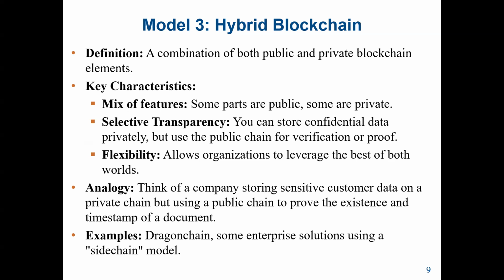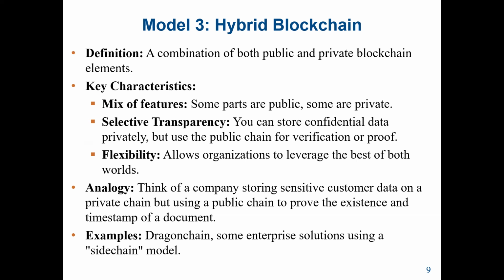So let's look at the key characteristics. First, customization: it allows users to decide which data is public and which remains private. So in a hybrid, some data may be public, some data may be private.